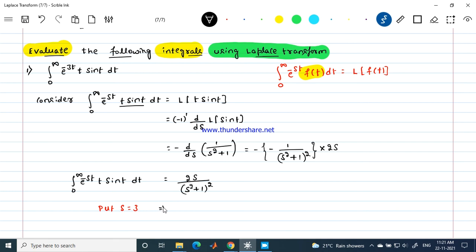So we get integration 0 to infinity e power minus 3t t sine t dt is equal to 2 into 3 divided by 3 square, that is 9 plus 1, that is 10, 10 square, which is 100. So the answer is 3 by 50.